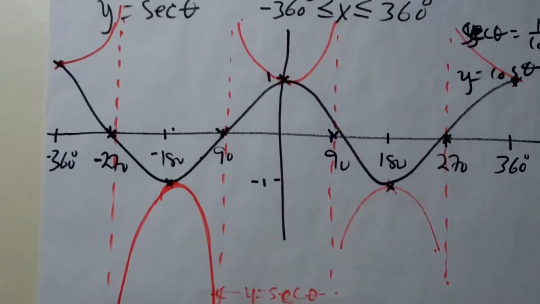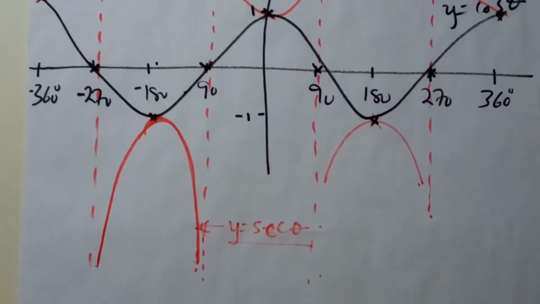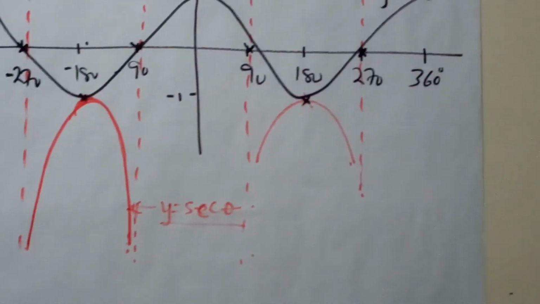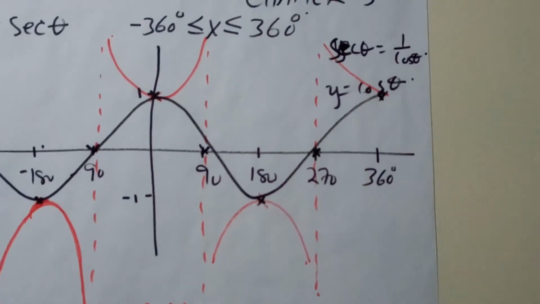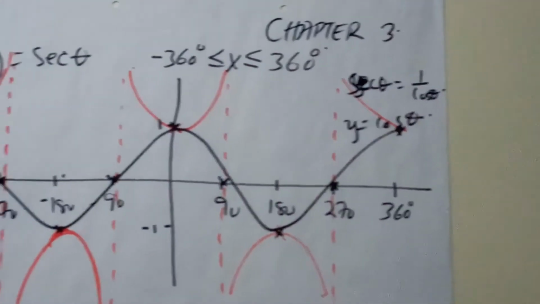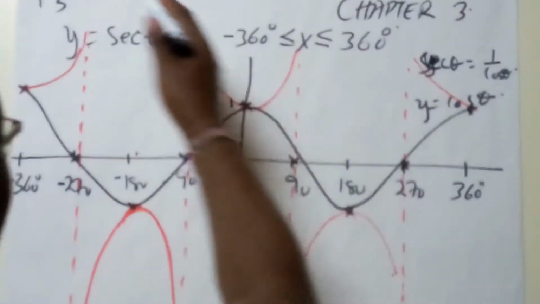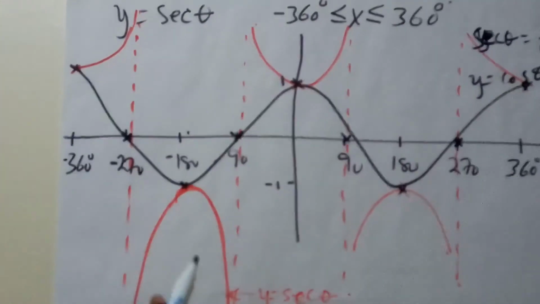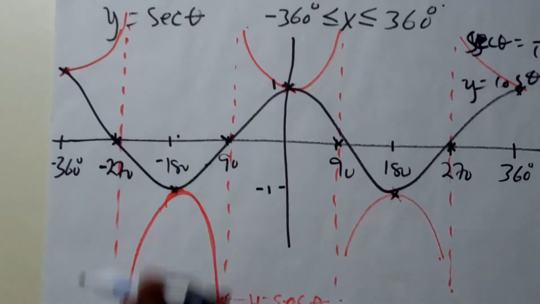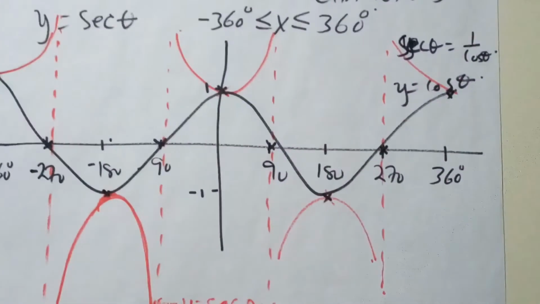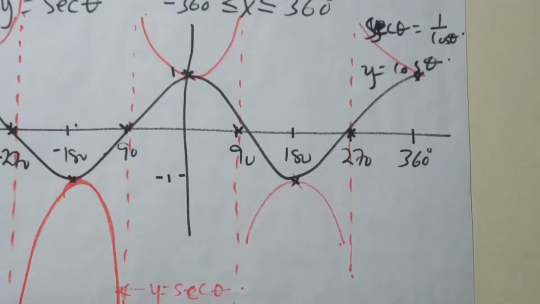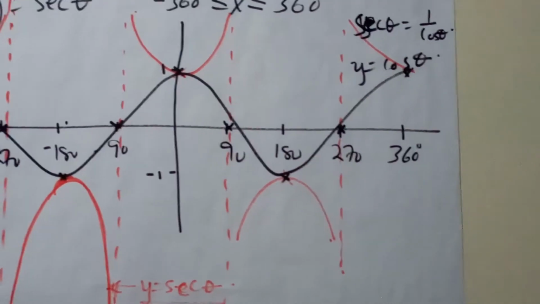One thing we must remember is that the graph of y equals sec theta is asymptotic at every point where cosine theta was 0, like negative 270, negative 90, positive 90, and positive 270 moving forward.